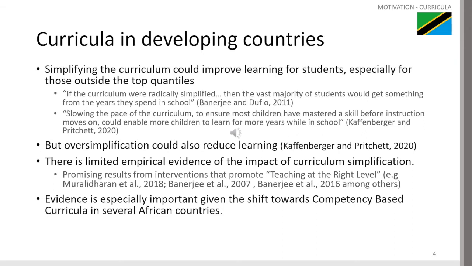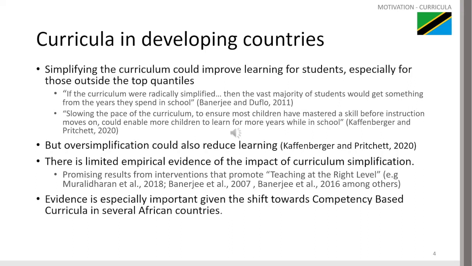And this sentiment is echoed by Kaffenberger and Pritchett in a recent paper, where they also say, slowing the pace of the curriculum to ensure most children have mastered a skill before instruction moves on could enable more children to learn for more years while in school. And again, this is the idea that curricula are going too fast. Maybe we should slow it down.